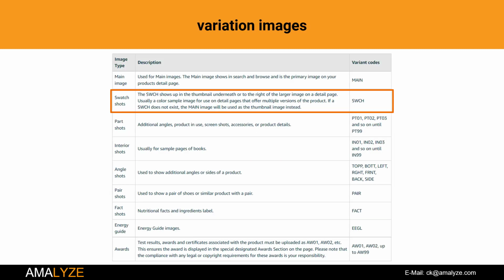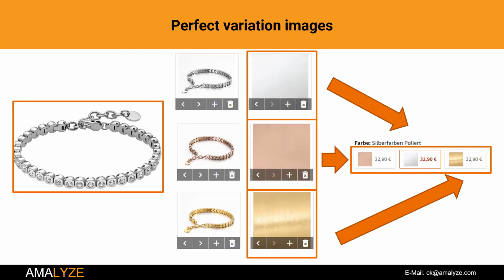For the variation images, just to sum up, they're called swatch shots. You can load up that thumbnail by yourself with the right naming of your ASIN point SWCH, or you can upload them directly in Seller Central.